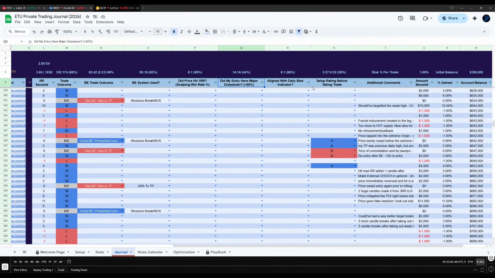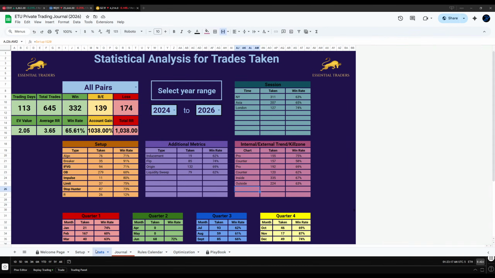The math should be 65 times 0.44, if I'm not mistaken, so it's roughly a 28% win rate. But then my risk reward doubles because my stop loss is cut in half. 3.65 times 2 is 7.3. Okay, I just figured this out, and it ends up being a 1.3 EV.